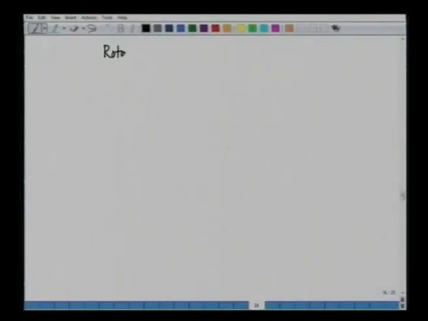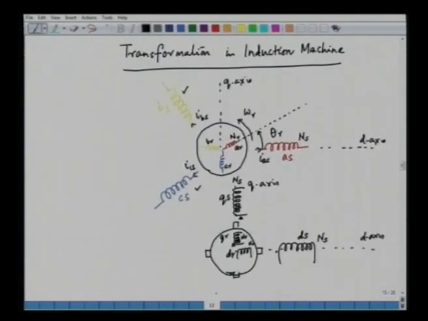And what about for the rotor? Similarly, we can also have for the rotor. So, for the rotor we can have a similar transformation, but that transformation will involve the rotor angle. Now, we can now do the rotor transformation, and similarly the rotor, if you see that we are transforming this AR, BR, CR to DR and QR.